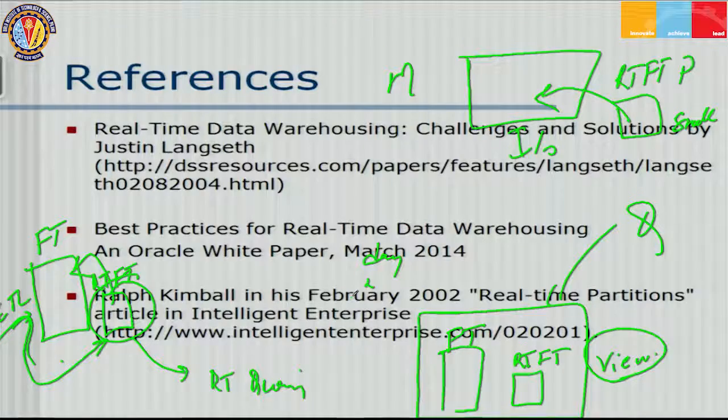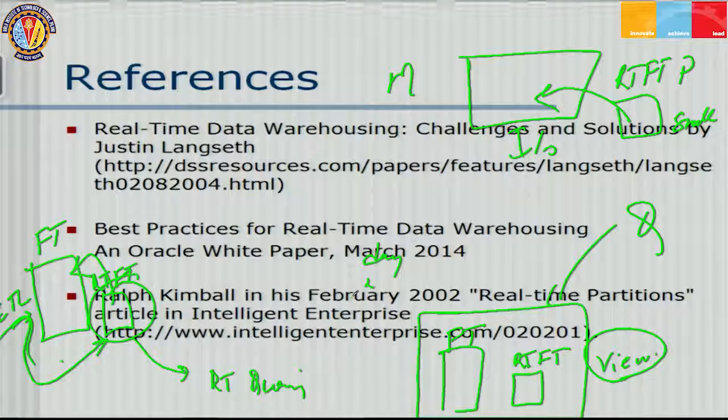There is a nice article by Langseth, so I have given the reference, and I have also used material from an Oracle white paper which was published last year, and also the real-time partitions article in Intelligent Enterprise by Ralph Kimball. So these are the references that I have used.